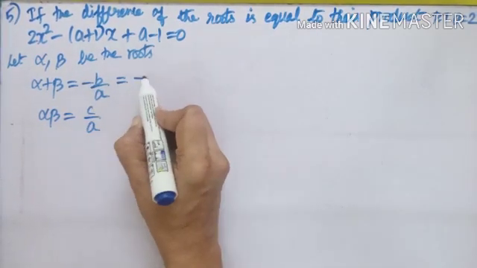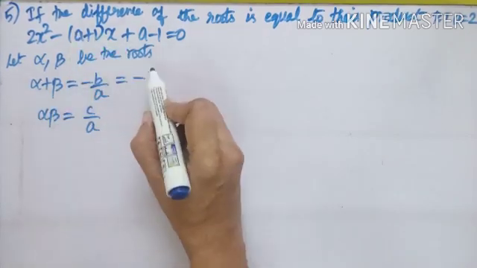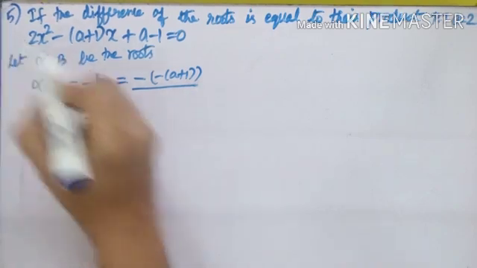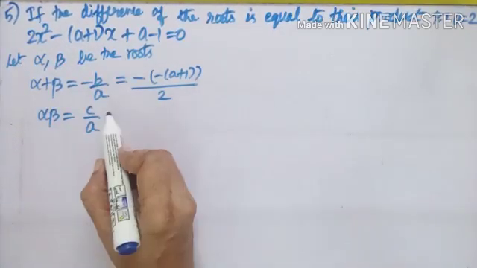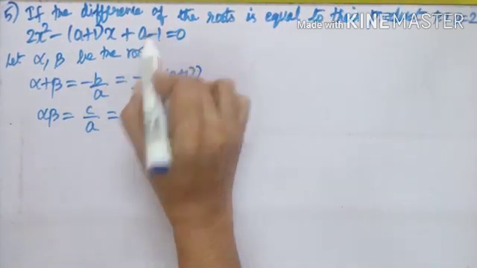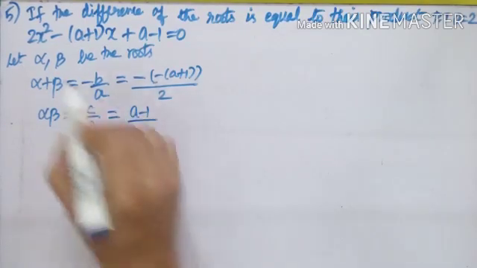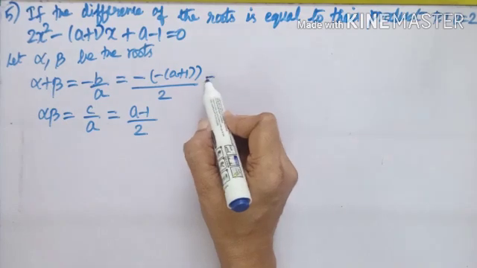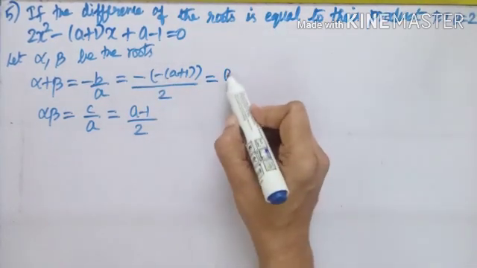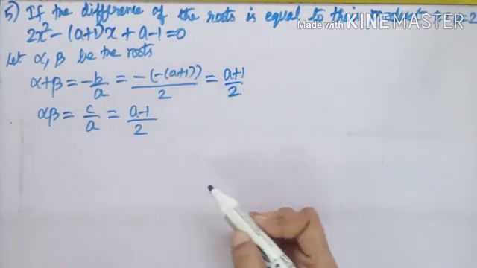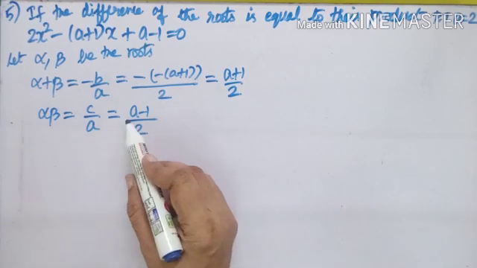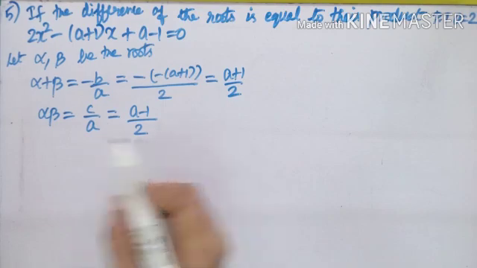So minus b value is minus of a plus 1, by a value is 2. Alpha into beta, c value is a minus 1, a value is 2. This implies minus and minus cancels, a plus 1 by 2. Alpha into beta is a minus 1 by 2.